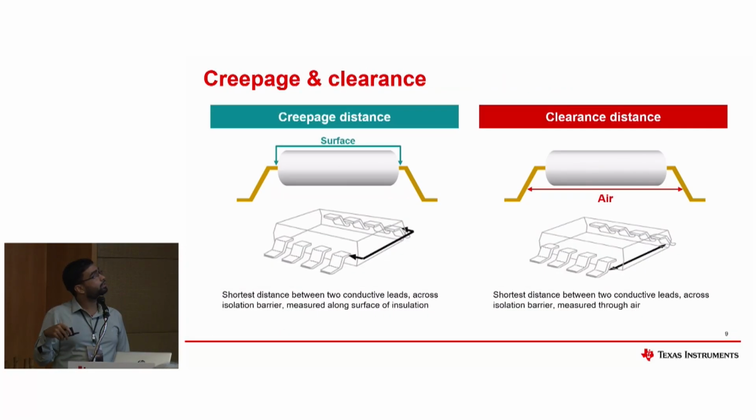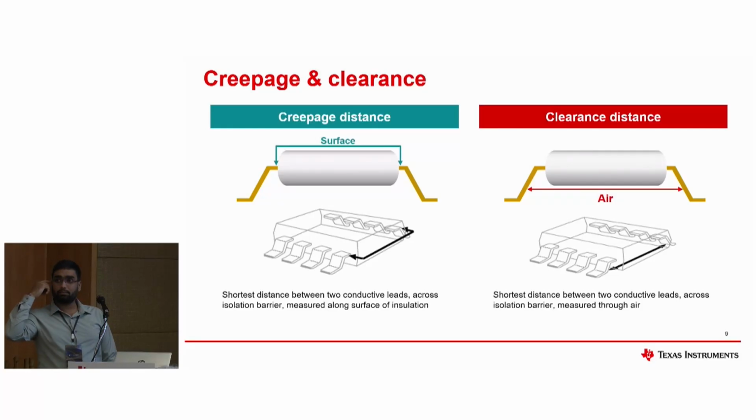So quickly glancing over the creepage distance and clearance distance. The distance from lead 1 to lead 2, basically side 1 to side 2, through the surface is creepage, whereas through air is clearance.